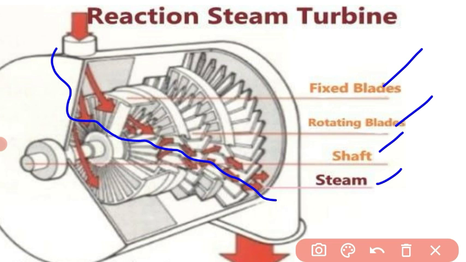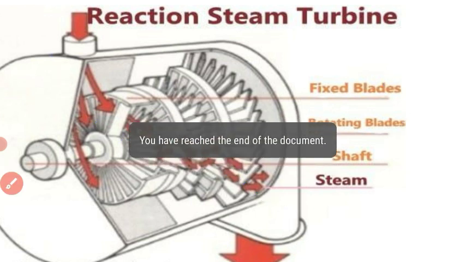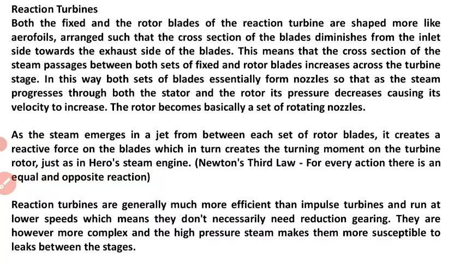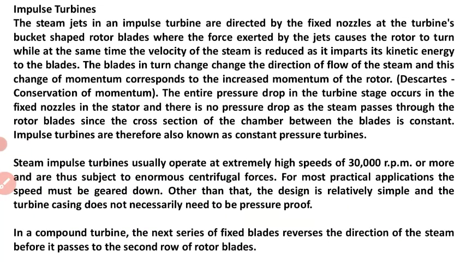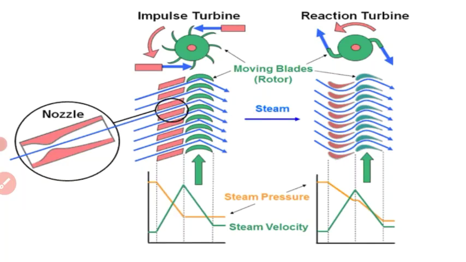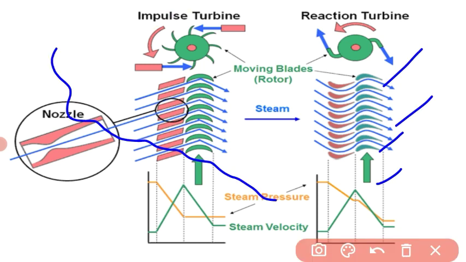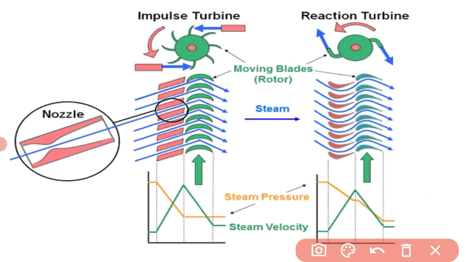This is another figure. It gives the difference in how the steam pressure is reduced. The steam velocity graph is also shown, for impulse turbine and reaction turbines, moving blades and rotor.